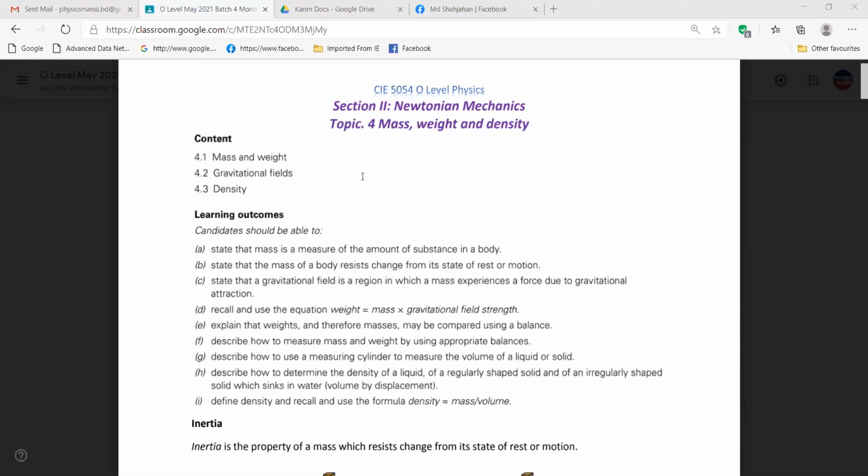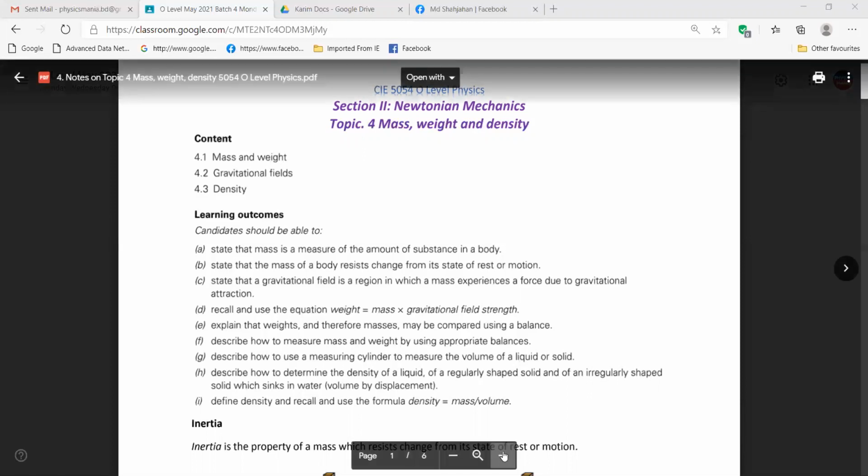Karim, loudly. A. State that mass is a measure of the amount of substance in a body. B. State that the mass of a body resists change from its state of rest or motion.